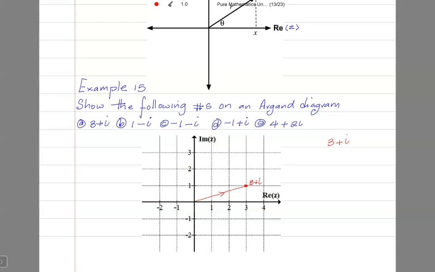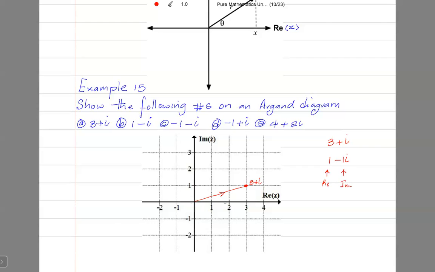So this is the complex number 3 plus i, represented on an Argand diagram. All right, let me do another one, maybe one with a negative number. The next one is 1 minus i. Remember, 1 is the real part, and minus 1 is the imaginary part.